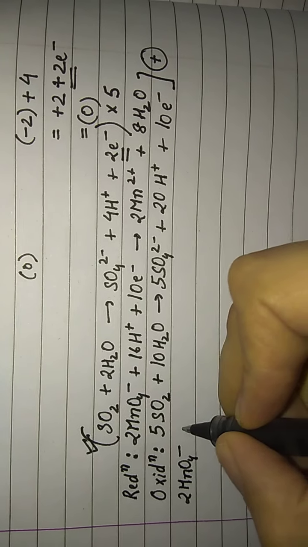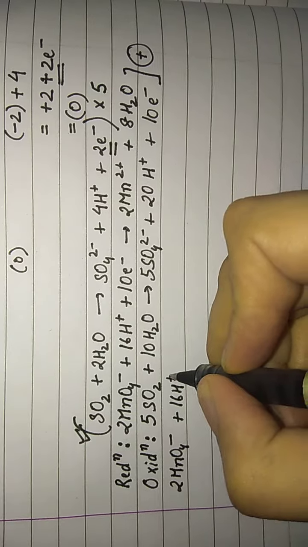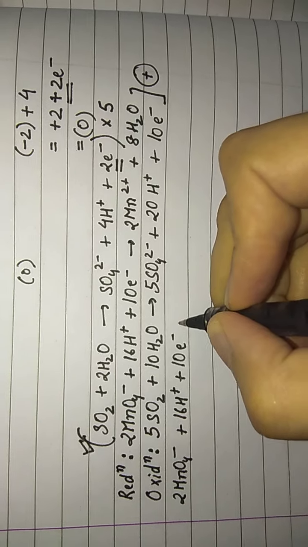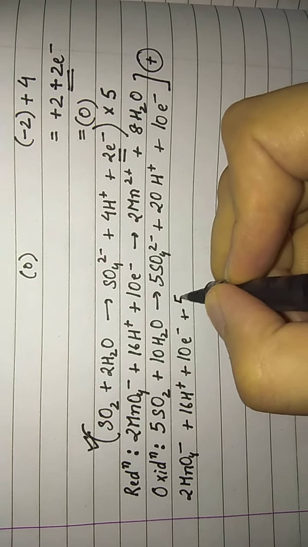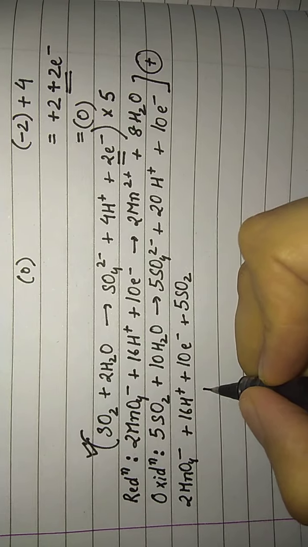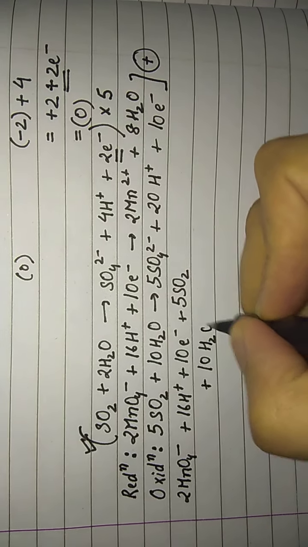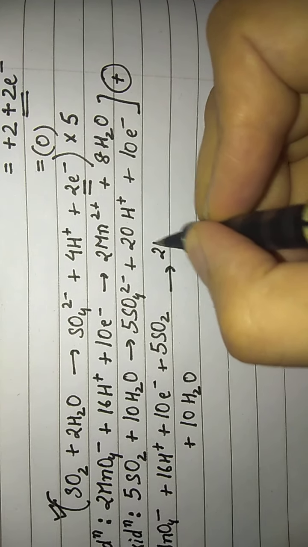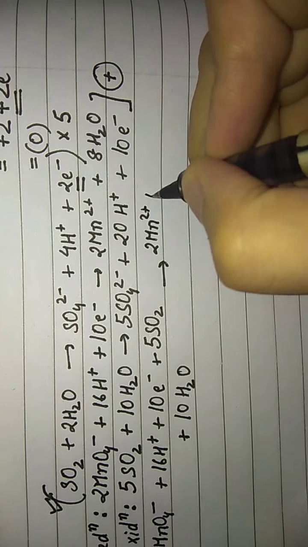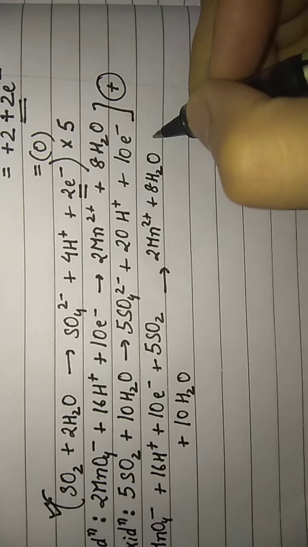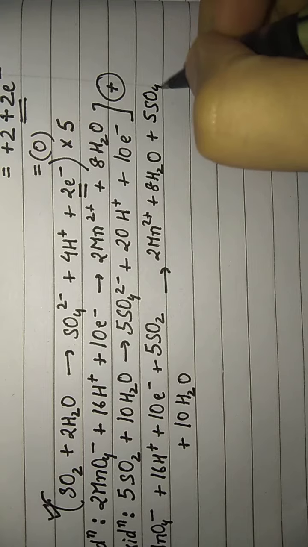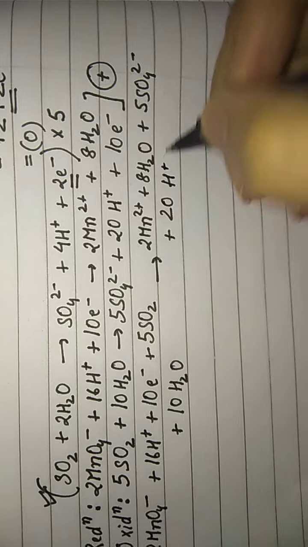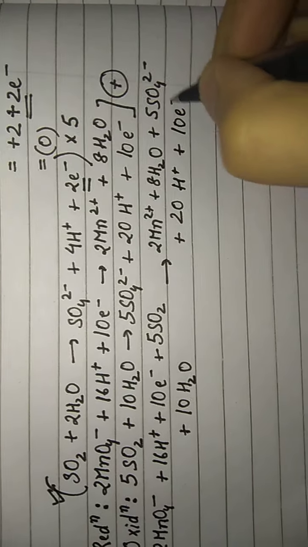2MnO4⁻ + 16H⁺ + 10 electrons + 5 SO2 + 10 H2O, resulting in 2Mn²⁺ + 8 H2O + 5 SO4²⁻ + 20 H⁺ + 10 electrons.